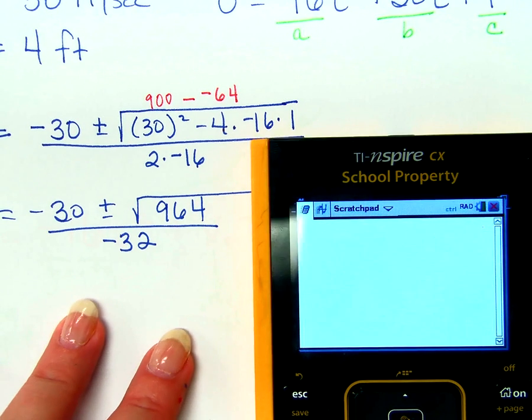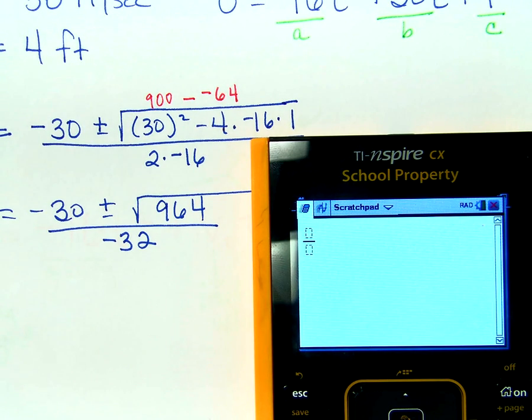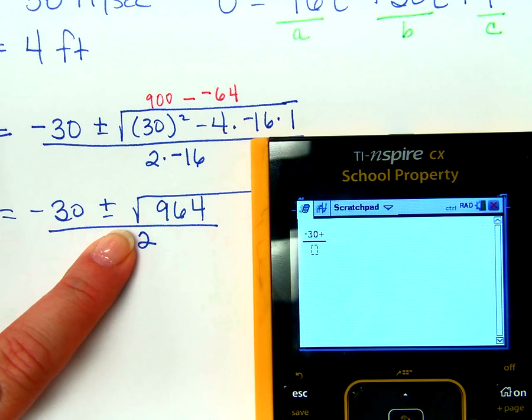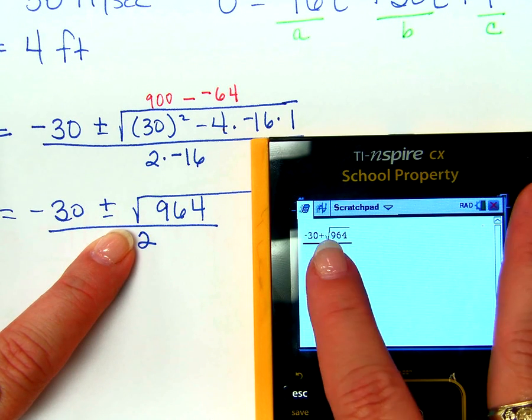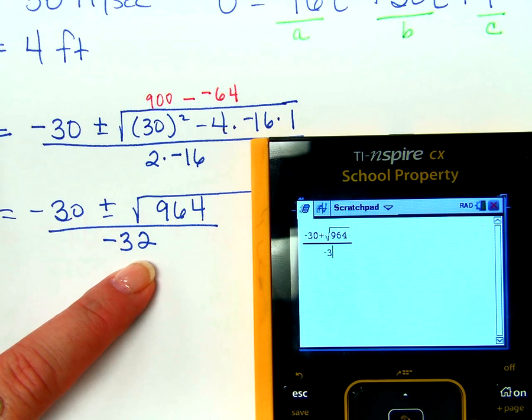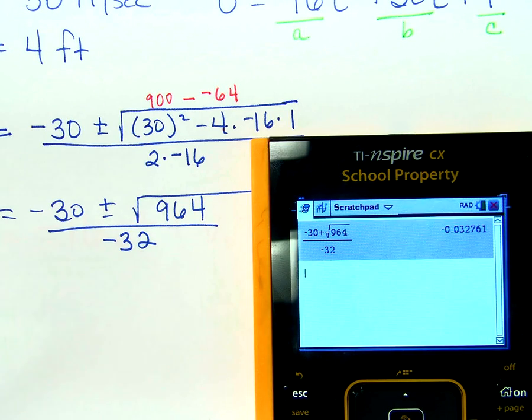I'm going to press Control Divide because I like to give myself a fraction in this particular problem. Now watch what I do, please. Negative 30 plus the square root of 964. Why didn't I put plus or minus? Yeah, it doesn't work. Okay? Over negative 32. Now when I press enter, what did I get?